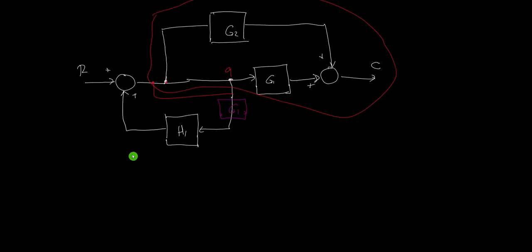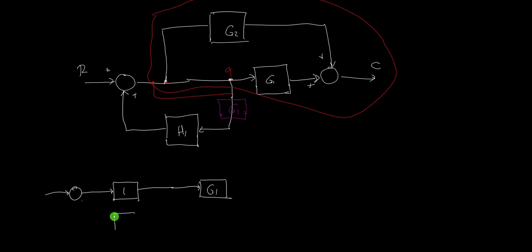So let's redraw it again so that you can imagine this. We have a straight line here, or you can also put it so that it looks like a canonical form. So Ctrl C. Let me draw a block here, which is equal to 1. Then this will go to G1.